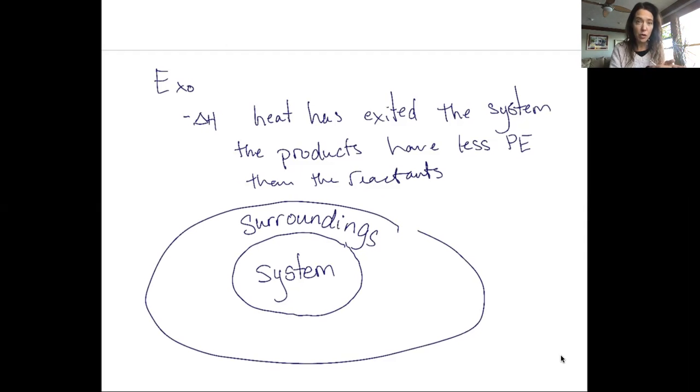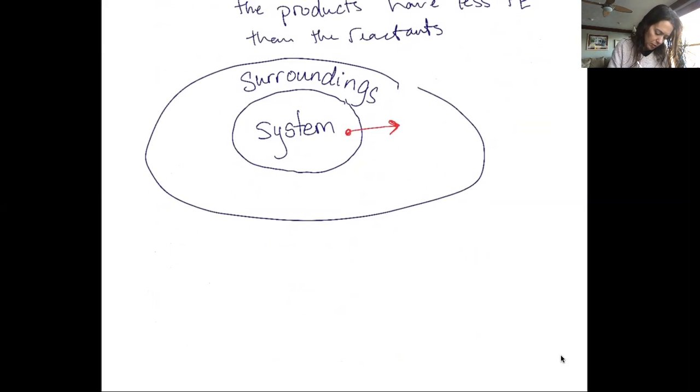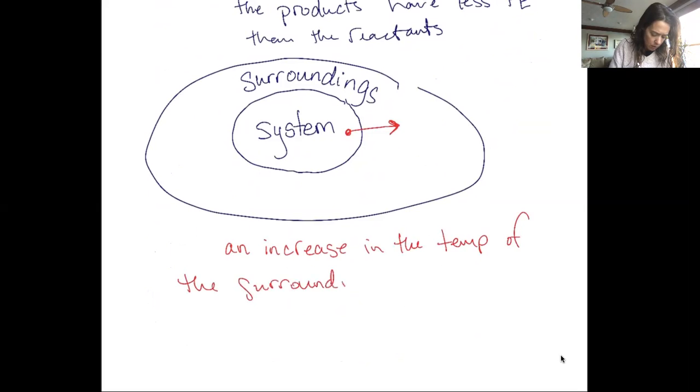We take what we observe in the surroundings and then infer what must be happening with the system. In an exothermic process, the energy leaves the system and enters the surroundings, such that we would observe an increase in the temperature of the surroundings.